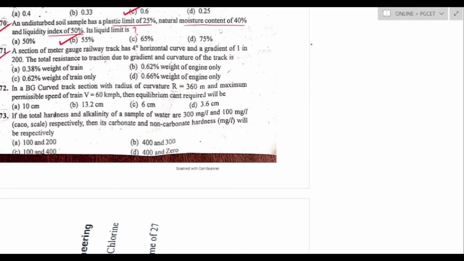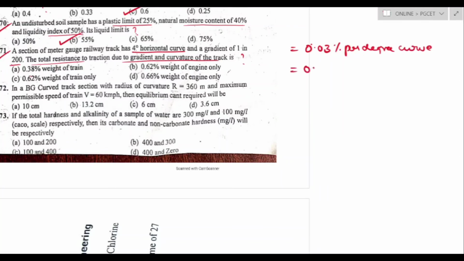Question number 71. A section of meter gauge railway track has 4-degree horizontal curve and a gradient of 1 in 200. Then the total resistance to traction due to gradient and curvature of the track is. As per IRC, for a meter gauge railway track, the grade compensation due to curvature is given by 0.03% per degree curve.